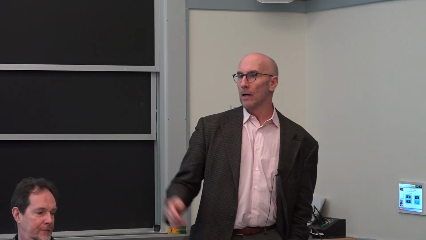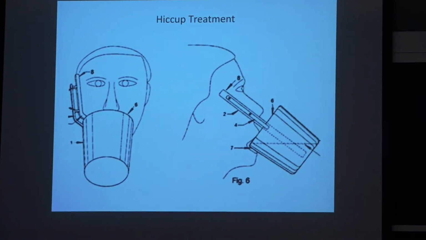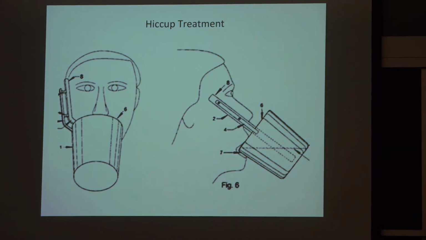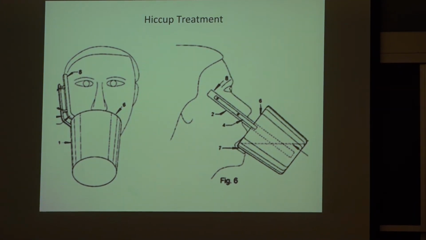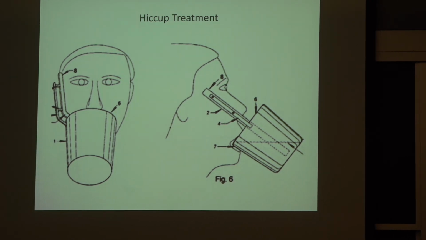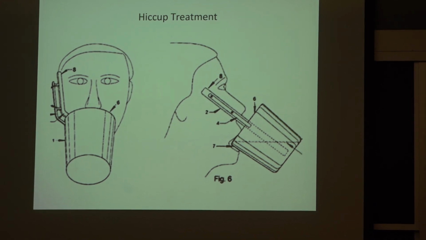All right. A couple of really important patents that you might want to remember. This is a device that was an actual patent. This comes from the USPTO website. This is why I say go looking around on it. This is one of the figures from the patent of a hiccup treatment machine.